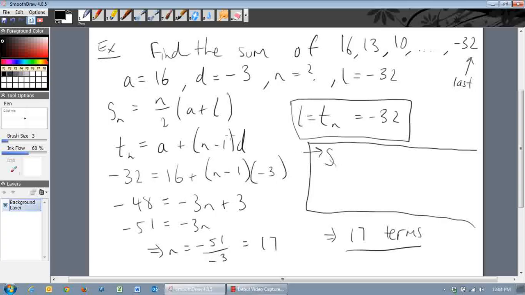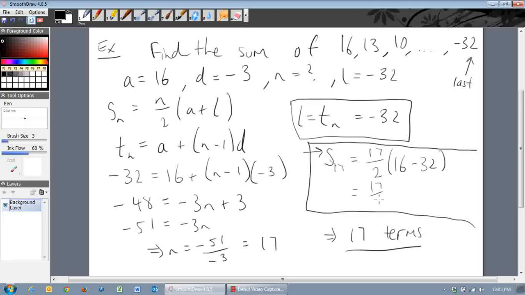Now let's use our formula up here, Sn. So S17, because we know there are 17 terms, equals n, which is 17, over 2, times a, which was 16, plus the last term, which is negative 32, so minus 32.